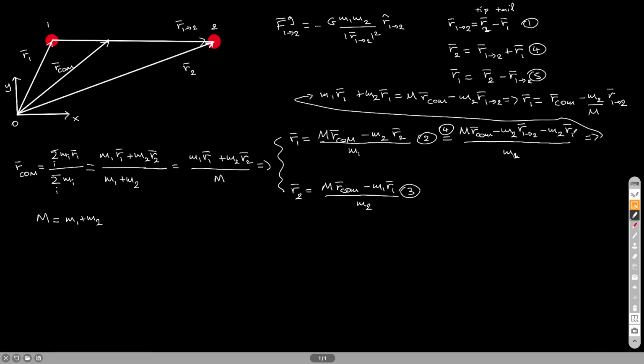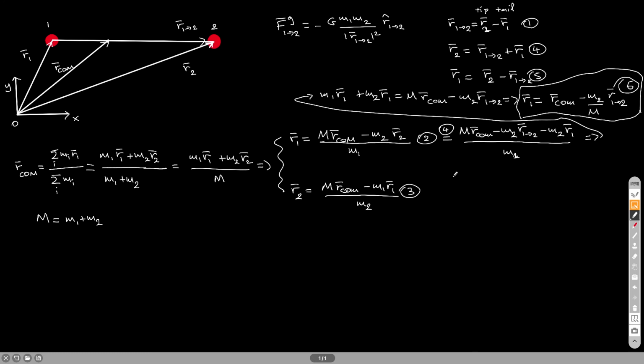I also moved this term to the left side, and that became plus M2 R1. And when I add those two, I end up having big M times R1. And when I divided the right side by big M, I got rid of the big M here, and I had M2 over M on the second term. I'm gonna call this equation 6. This is an important one, so I'm gonna keep this.